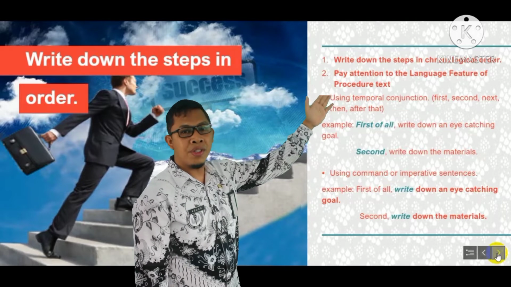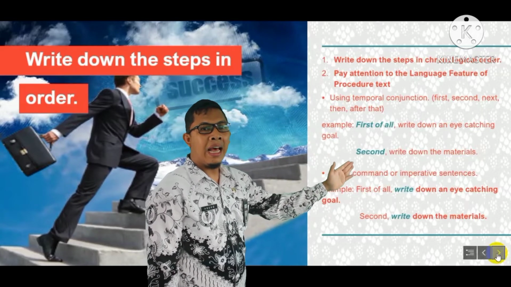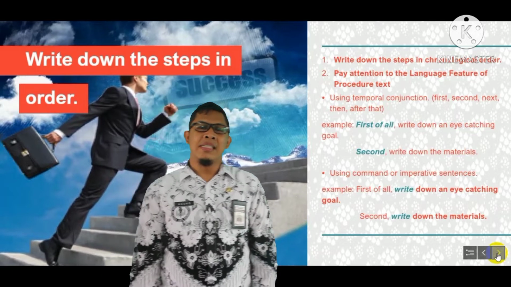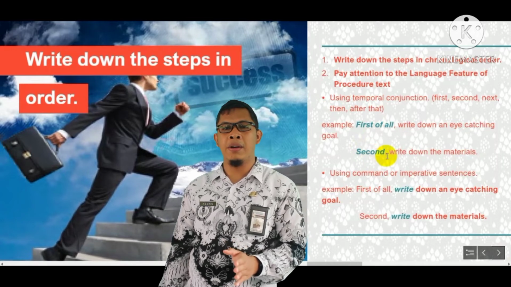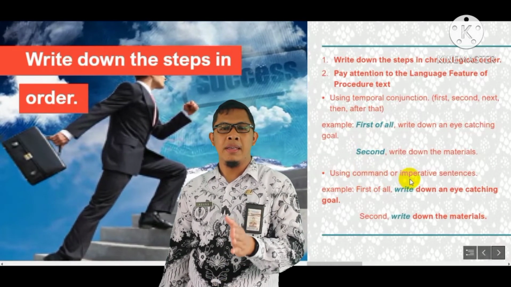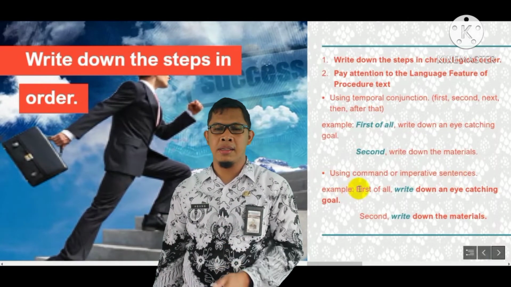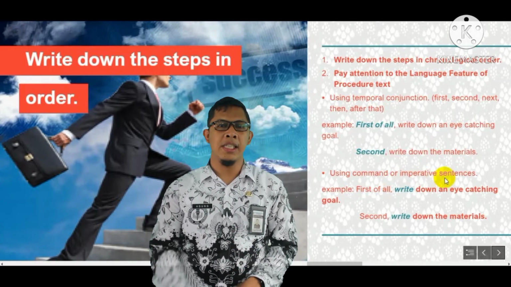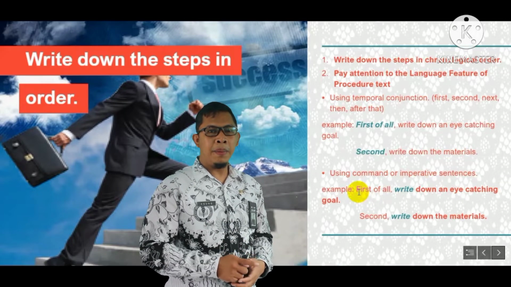For example, first of all, and then second, after that, finally, etc. And then the next language feature is about command and imperative sentences. Procedure text uses command or imperative sentences. Jadi teks prosedur itu menggunakan kalimat perintah.